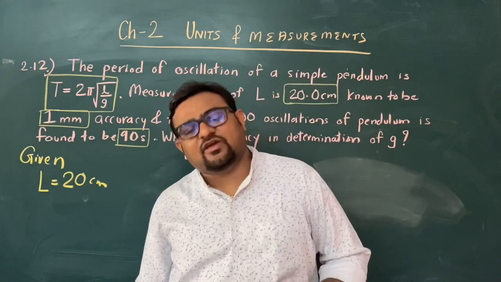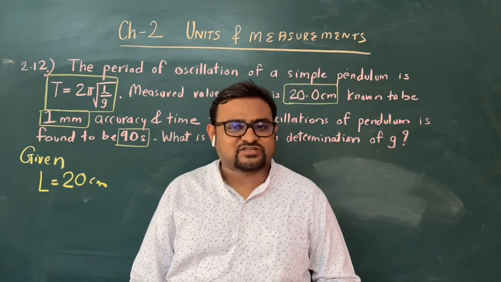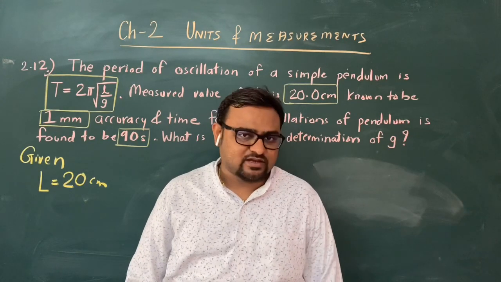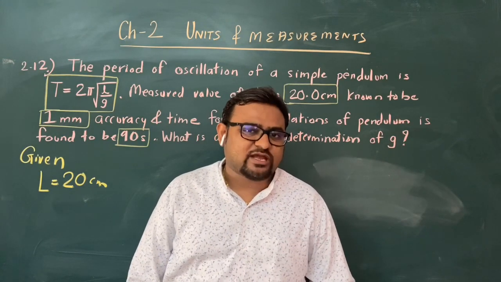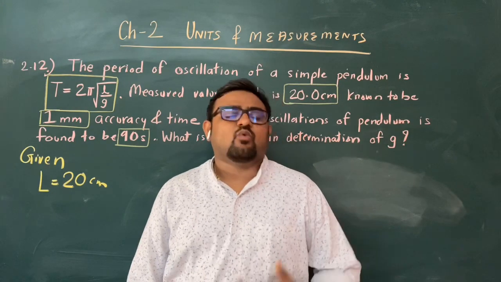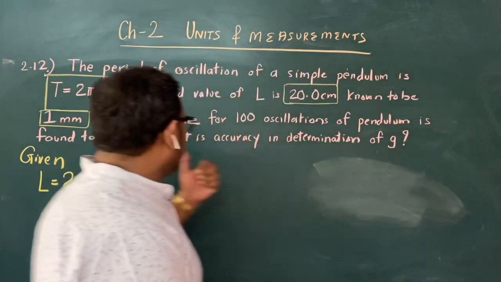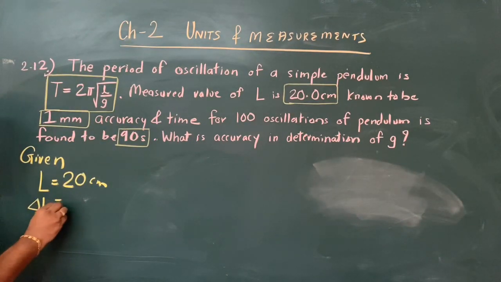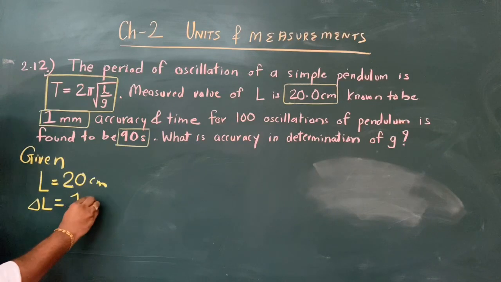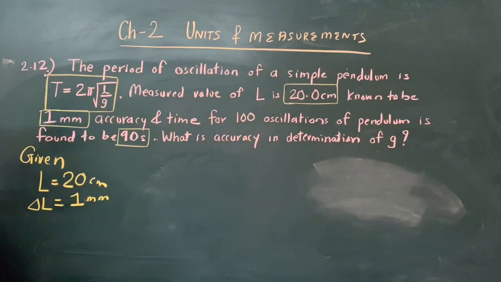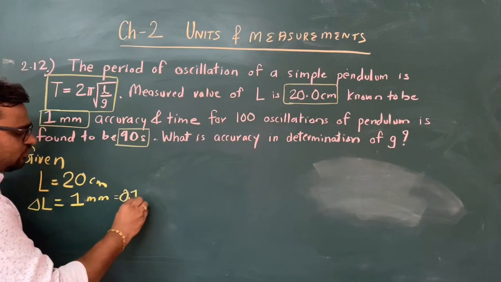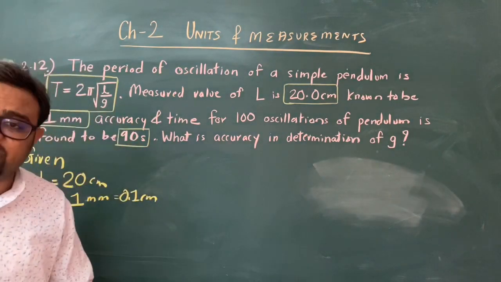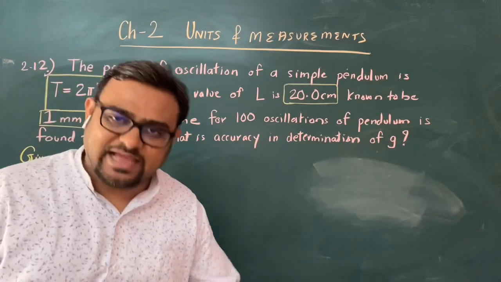Just for example, if you take your scale, the minimum measurement is 1 millimeter, so the maximum mistake that you can make in measurement is 1 millimeter. So delta L will be equal to 1 millimeter, and 1 millimeter is equal to 0.1 centimeter. Clear? Remember, whenever the least count is given, that is the maximum possible error.